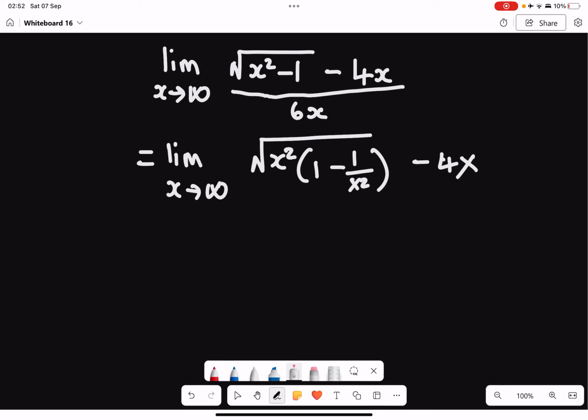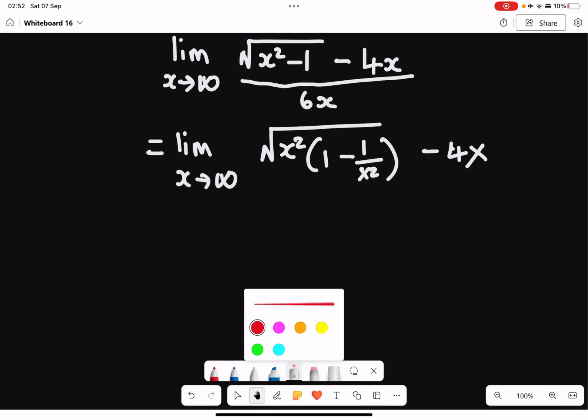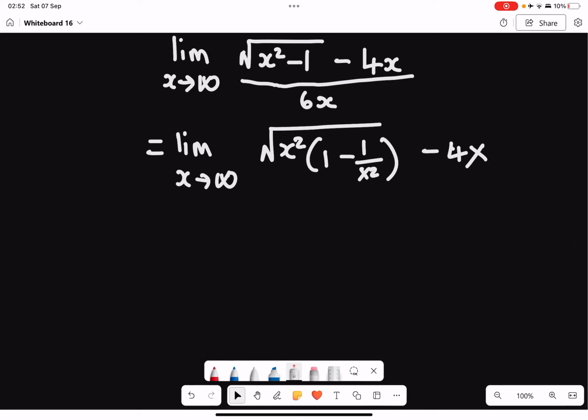Any variable or any number that doesn't have x, when you factorize it, you always divide by what you are taking out. And it's always best to just multiply in to see if you get the same answer as above. So x squared times 1, so this one, my pen is off.